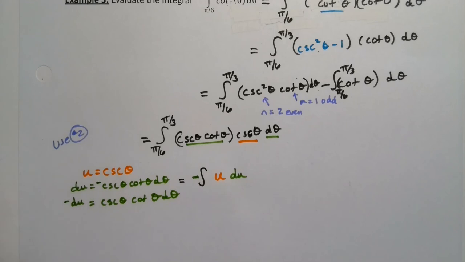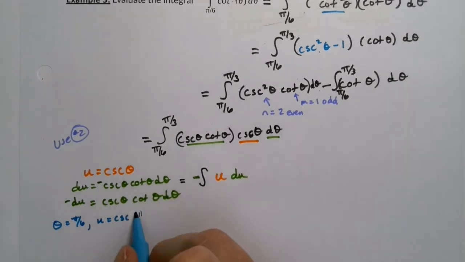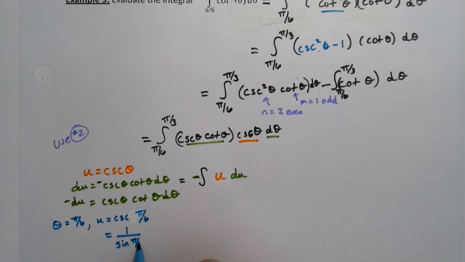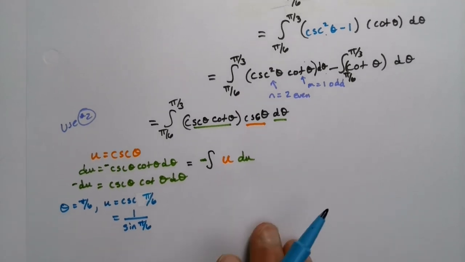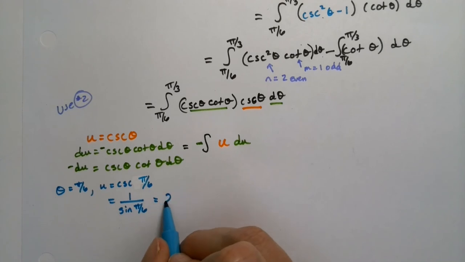So if theta is equal to pi over 6, then cosecant of theta, which is u, is the cosecant of pi over 6, which if you remember is 1 divided by the sine of pi over 6. And the sine of pi over 6 is a half, so this would be 2, right there.